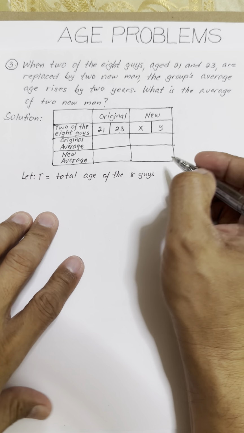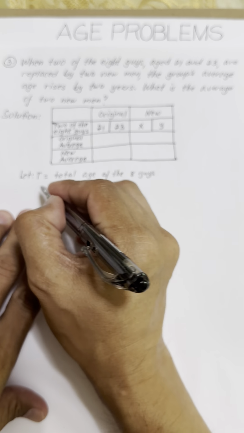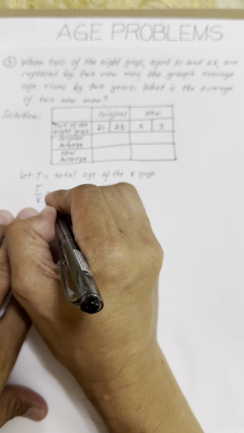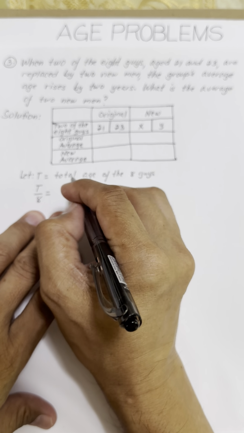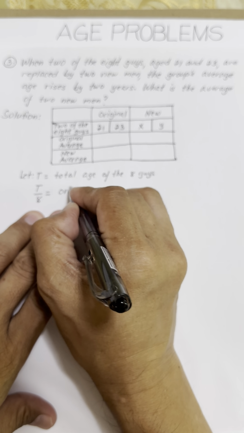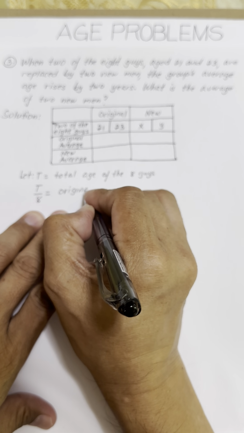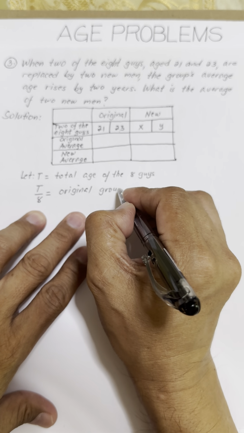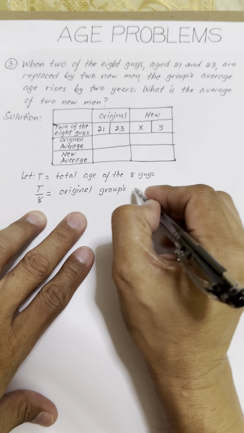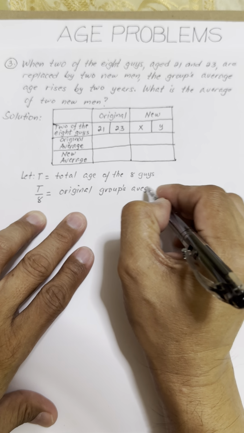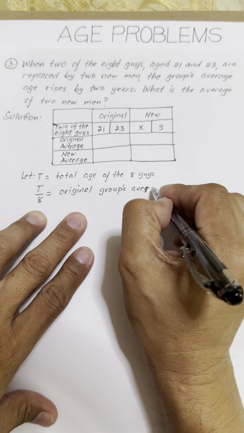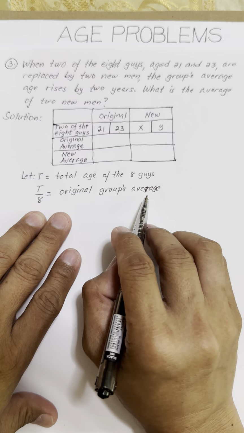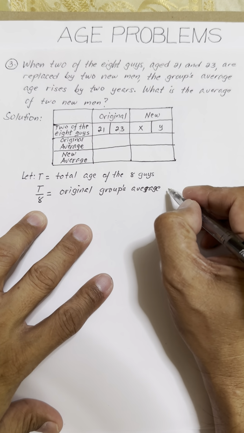Then we have T over 8, because there are 8 of them. This is what we call the original group's average, the original group's average age.